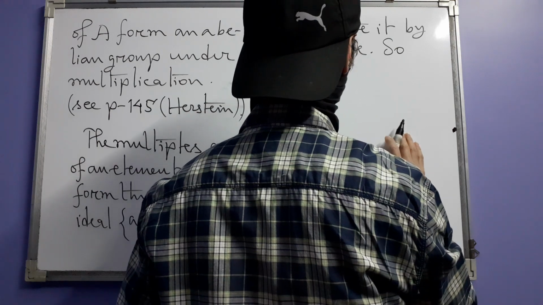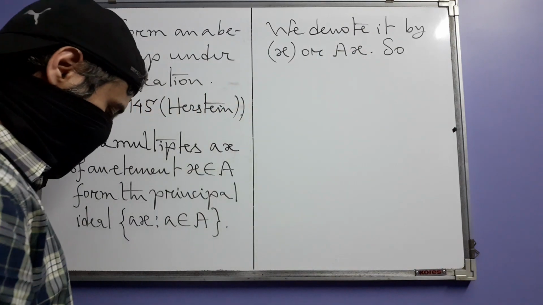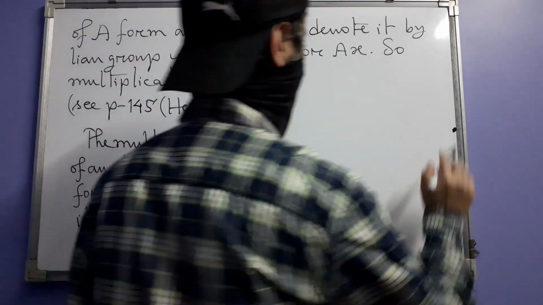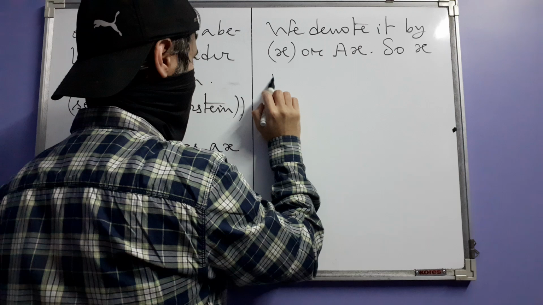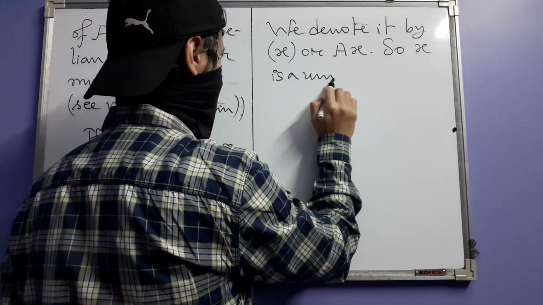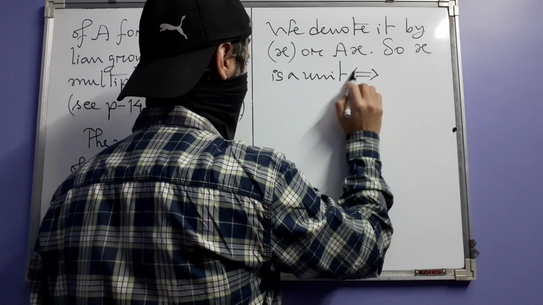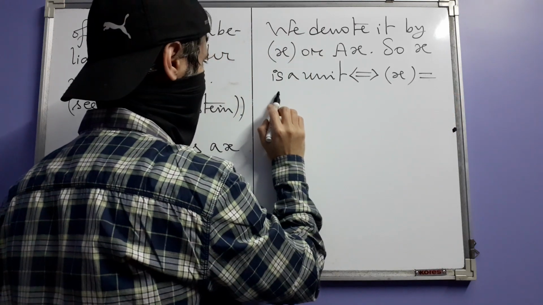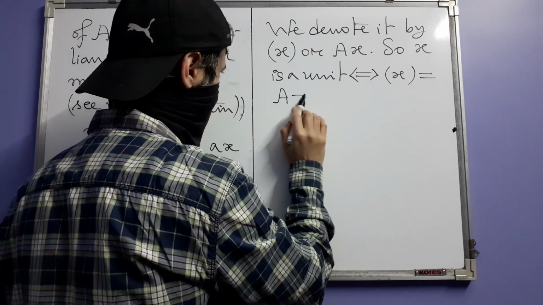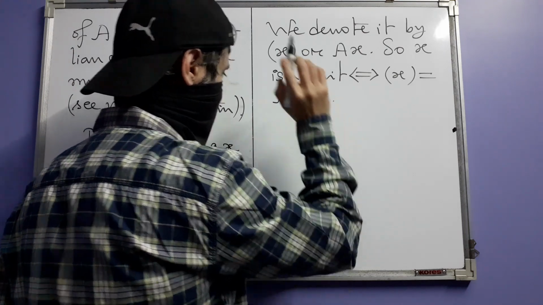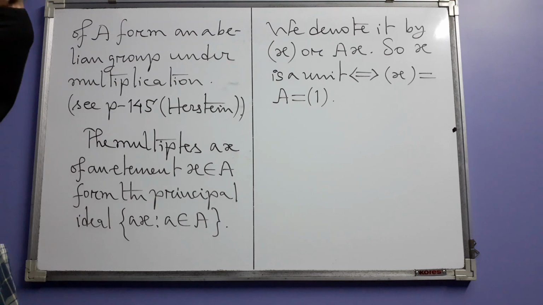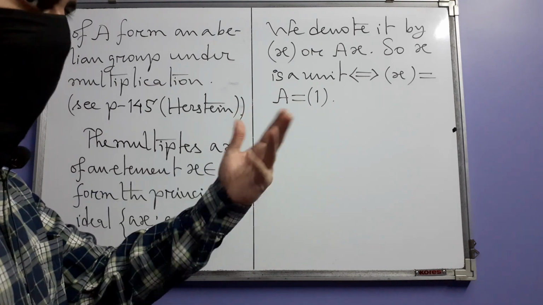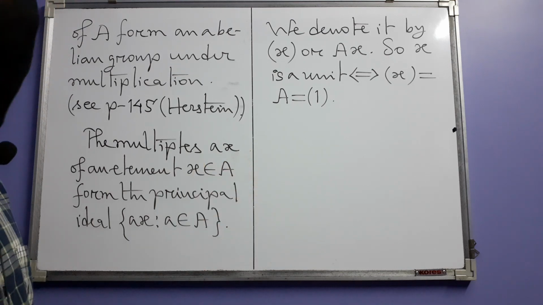So what is the relationship between, oh yes, x, okay. So x is a unit if and only if the principal ideal that x generates is equal to the entire ring A, which is also the ideal generated by the identity element. Do you see how? We already know this from Herstein, but still, do you see immediately how?